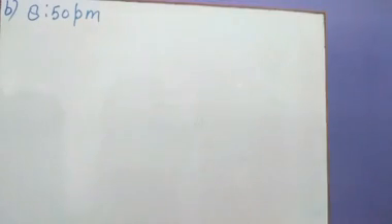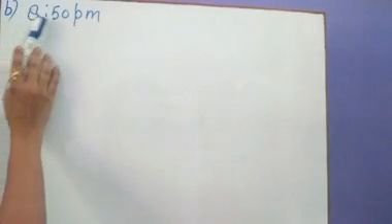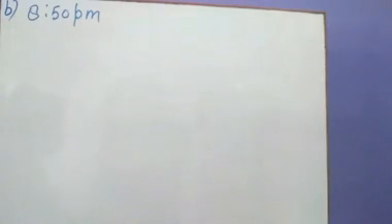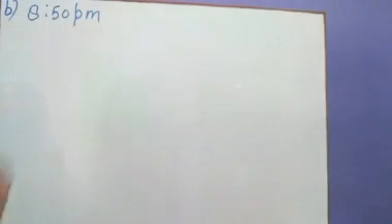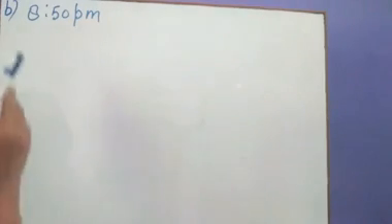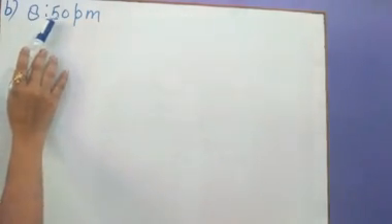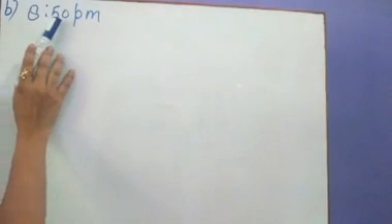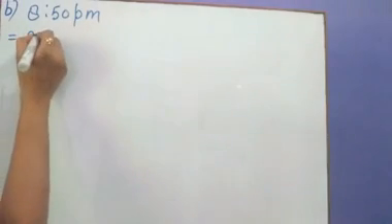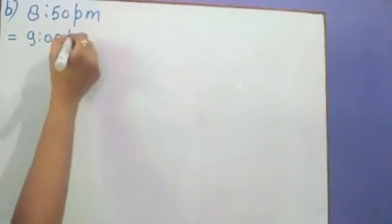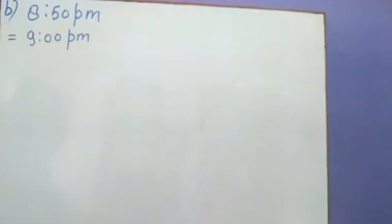B. To the nearest hour. 8 hours 50 minutes. We can see here 8 hours 50 minutes lies between 8 hours and 9 hours. But 8 hours 50 minutes is nearest to 9 hours. So it is rounded up to 9 p.m. Understood?